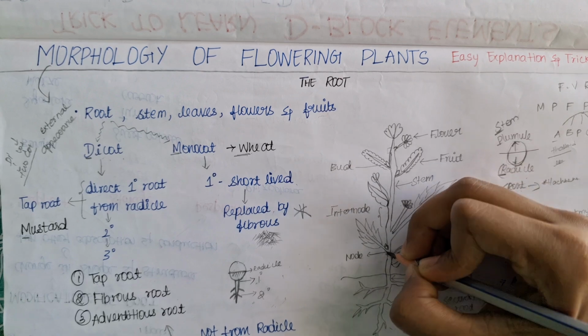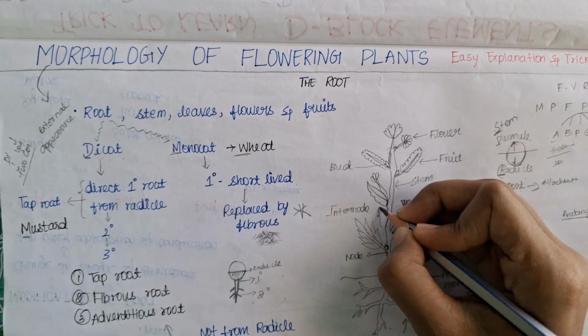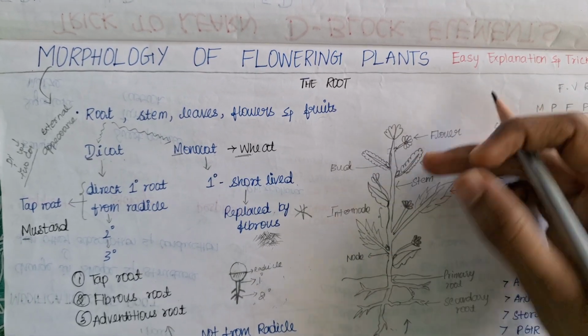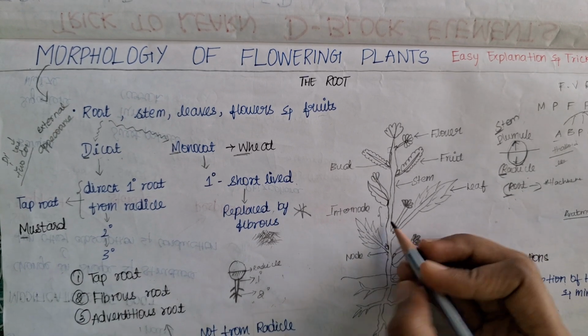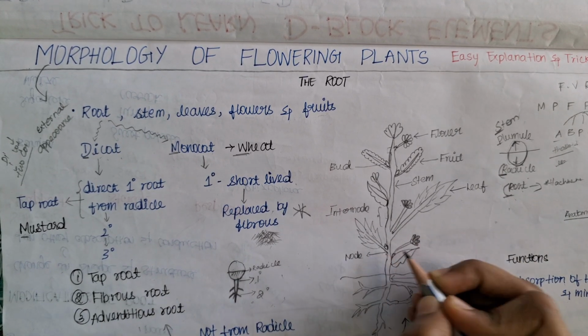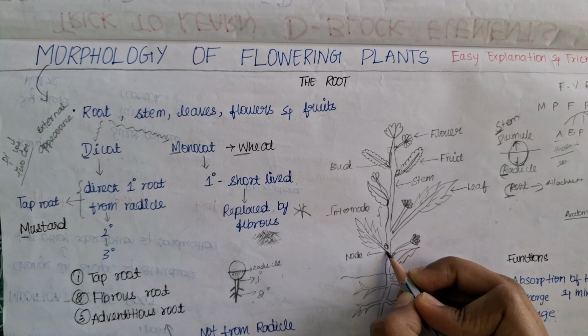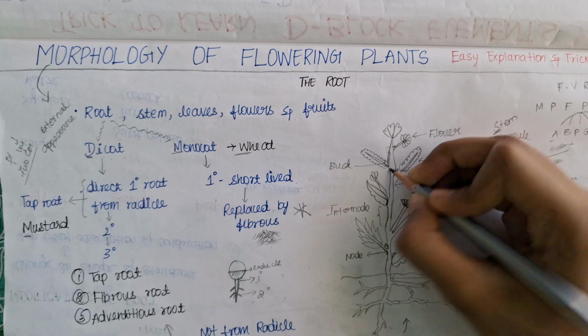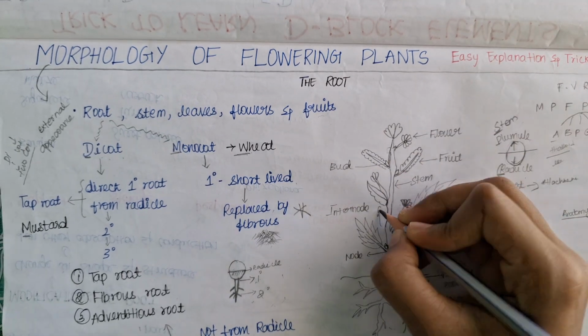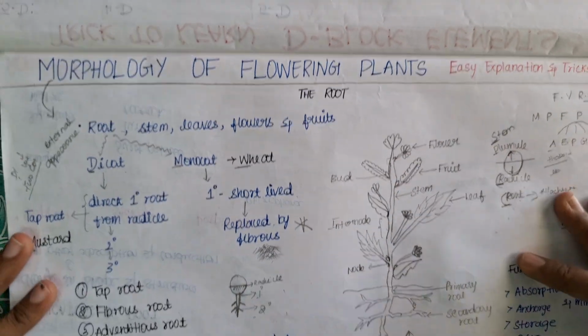There is a distance between these two nodes, and that is called the internode. Are we clear with node and internode? The distance between two nodes is the internode.